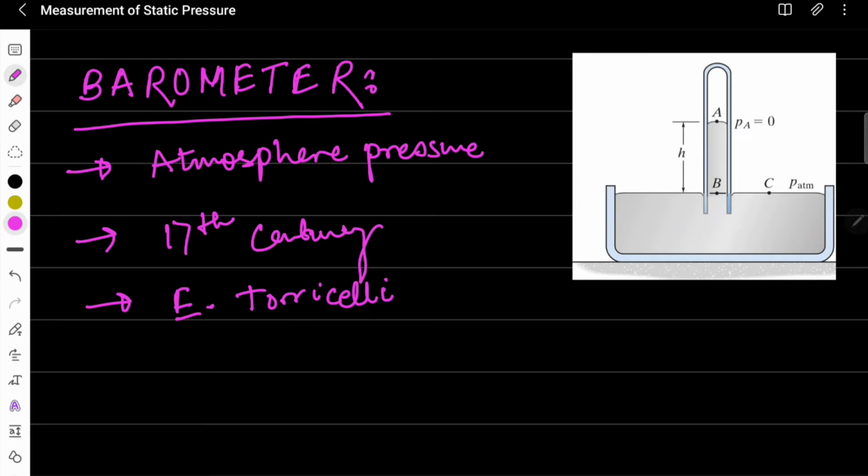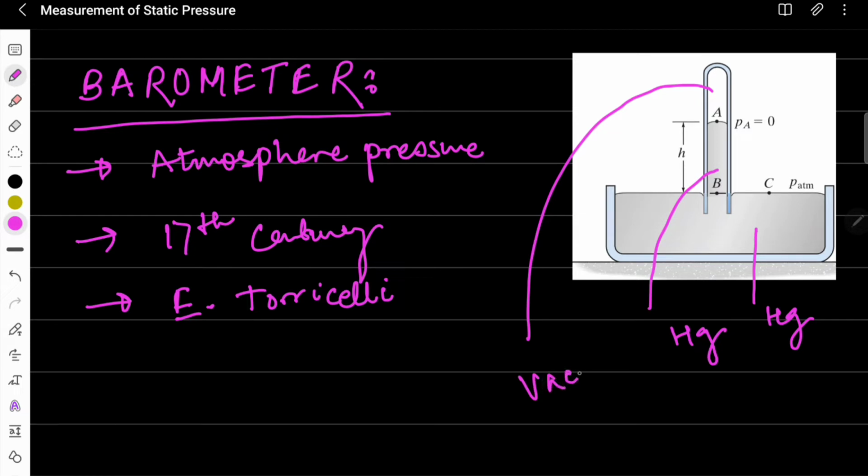So this material here is mercury and this is also mercury. However, during the procedure, once you are turning it upside down, an air bubble may go in, so we have to be very careful while turning this open-ended glass tube upside down.